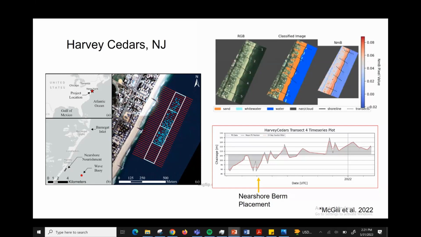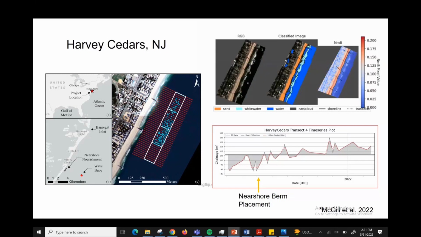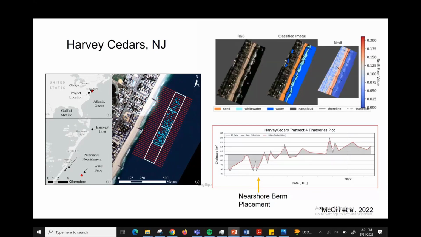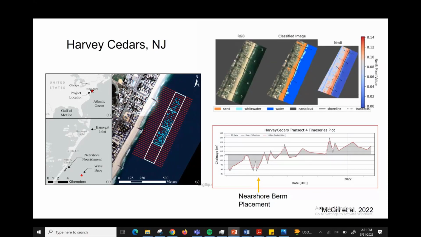And then in the middle portion of the study site, I pulled out one of these transects, transect 4, and you can see that the nearshore berm was placed right where that yellow arrow is. And after that berm was placed, you can see the shoreline accreted and then it stabilized. So you can see that this project really did impact the beach system and it did grow the beach, and so that's always good to know.